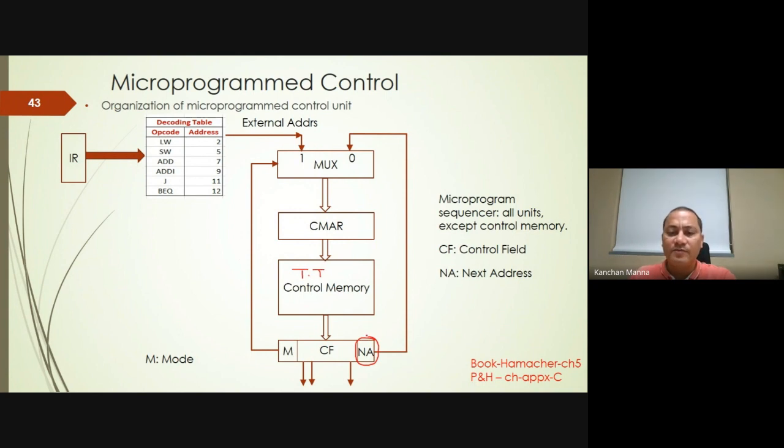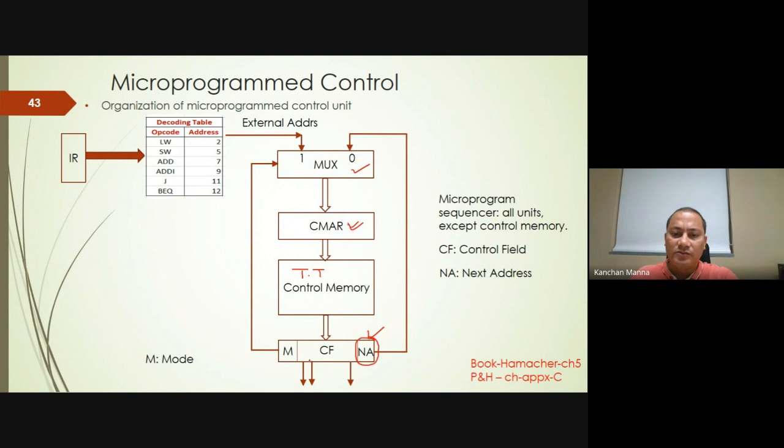One way is that some part of the control bits would provide the next control word address, and the other way is that the decoding table would provide the next control word address. Since this address register is getting its value from two different sources, applying the same principle, we need a mux in front of this register. So we have incorporated this mux: the 0th input is connected with this one, and one input is connected with the decoding table.